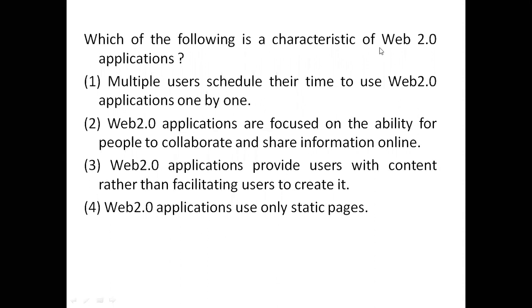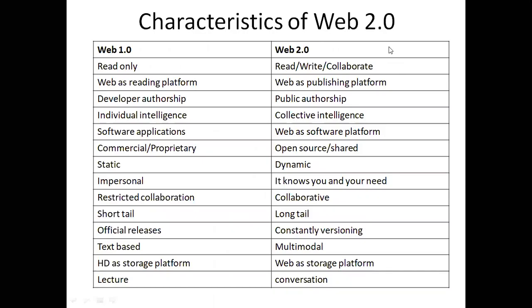Which of the following is the characteristic of Web 2.0? Let's first understand the characteristics of Web 1.0 and Web 2.0. When you talk about Web 1.0, it is basically read only. But Web 2.0 was very advanced.